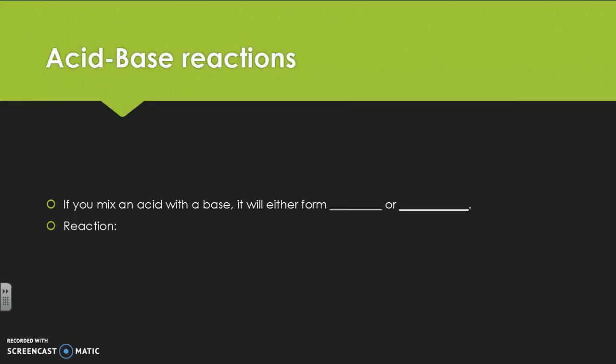All right, acid-base reactions. If you mix an acid with a base, it's going to either form water or it's going to neutralize the other one. So it's going to form water or it's going to neutralize, and that's why we call these neutralization reactions.